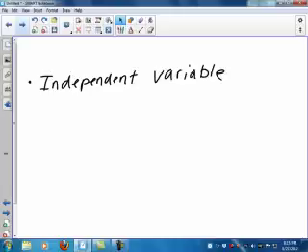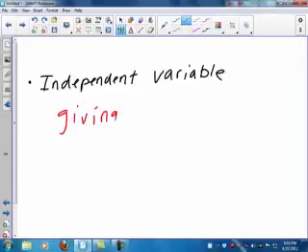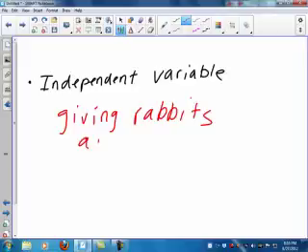And what I changed on purpose was using shoes, using Air Jordans, versus in the past when my rabbits didn't use Air Jordans. So my independent variable was giving the rabbits Air Jordans.